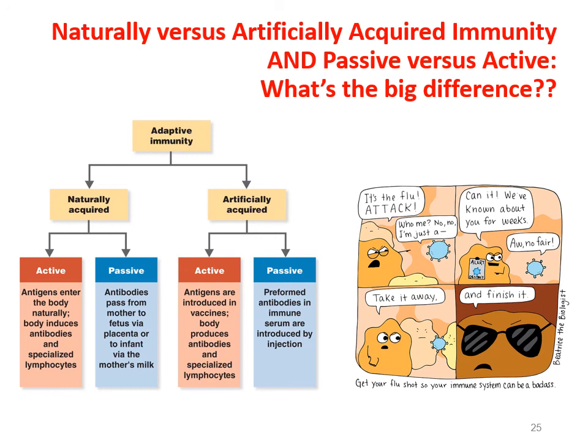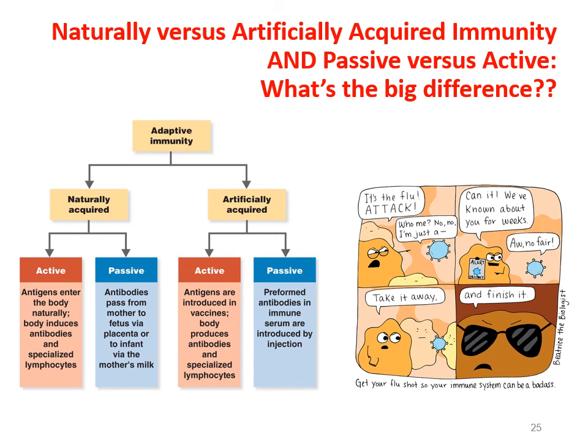So I'm going to give you another example. Let's say you go to the doctor and get an injection of antigens, meaning bacterial proteins or viral proteins. Okay? What kind of immunity did you just get?